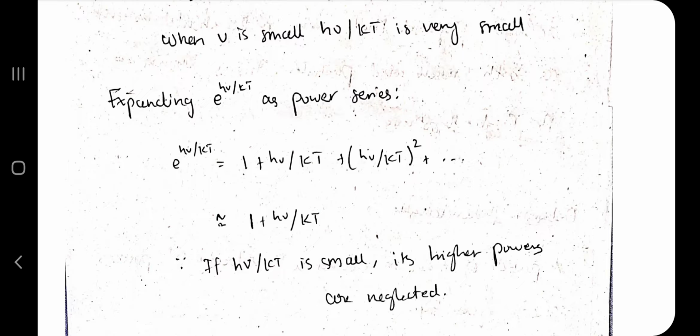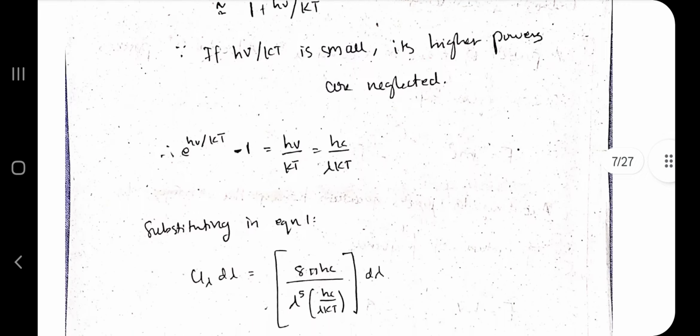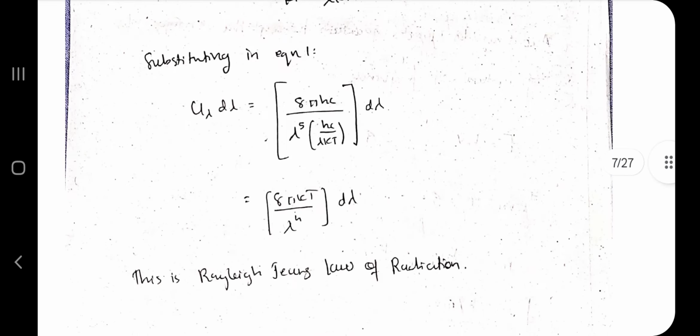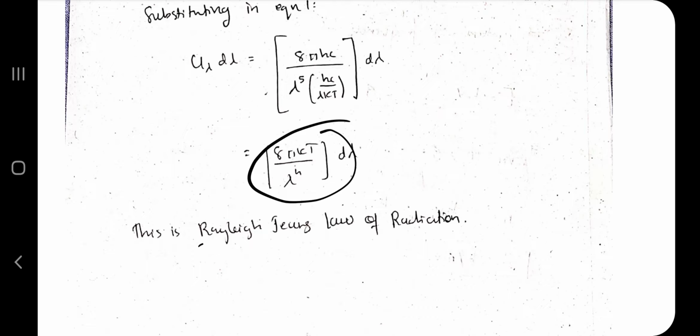So this is approximately equal to the same value, and other terms are neglected. After rearranging the terms and substituting in equation 1, we simplify and get the Rayleigh-Jeans law of radiation. These derivations are very important from the exam point of view, so make sure you practice them very well.